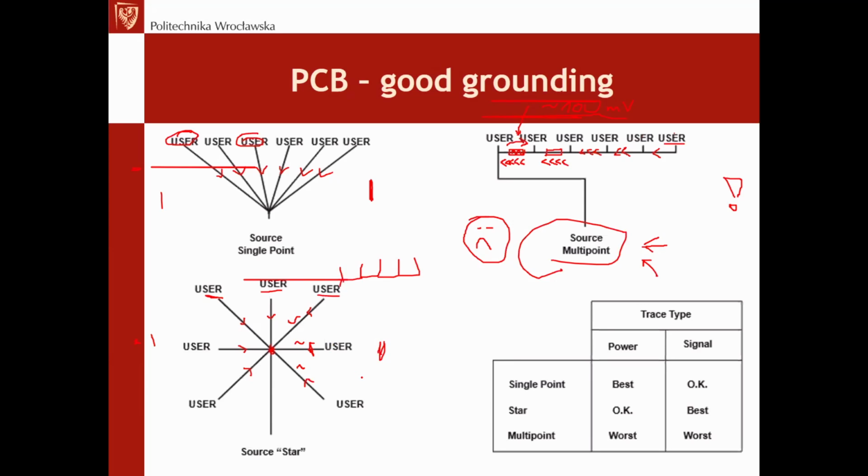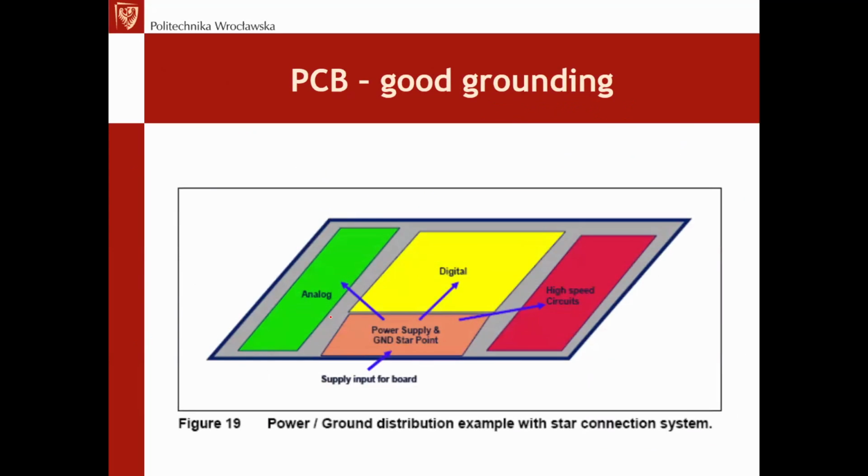So usually we have a hybrid technique, and usually that's because of physical limitations. It's not possible to make 200 separate connections. Physically, it's not viable to make 200 or 500 direct connections between the components and the grounding.